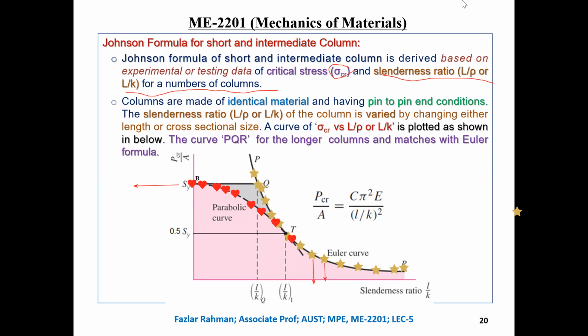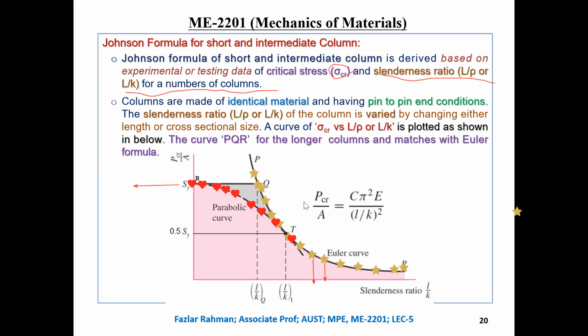Then he connected this line, all the dots he connected right over there. And interestingly, he found that this curve PQTR is just following the Euler equation.